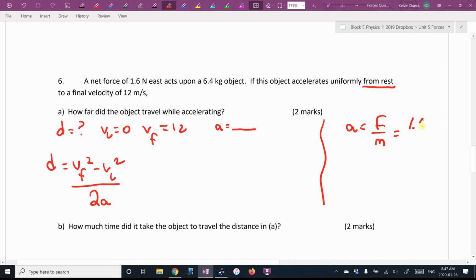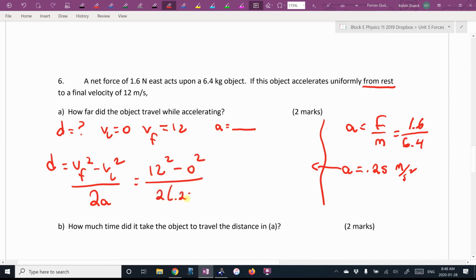Force is 1.6, 6.4. Mr. Dueck, why did you say 1.6 newtons east? I just stuck a direction in there because when I was typing this, it just kind of popped into my head. Okay. Do you get an acceleration of 0.25? Good. Now I'll walk it over to here. So it's going to be 12 squared minus 0 squared all over 2 times 0.25. I can do that in my head. It's going to be 12 squared, 144 divided by 0.5. Is it 288?